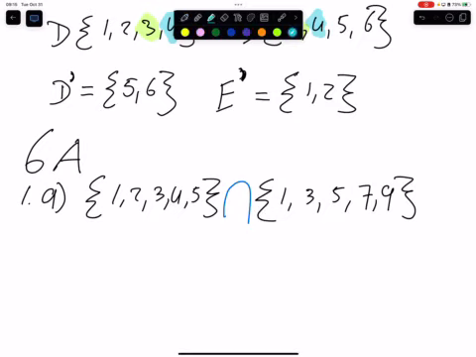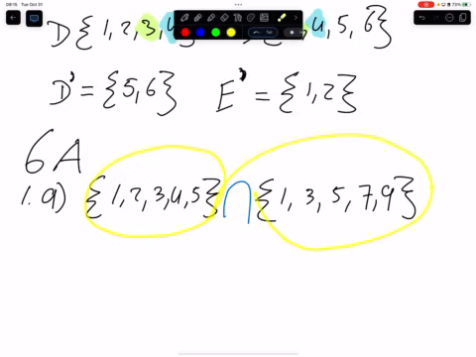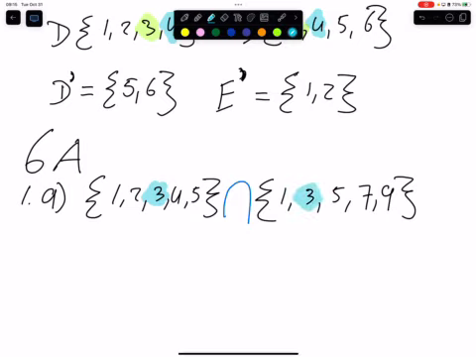So, it means I need to look for numbers that are present in the first set as well as in the other set. That's what I'm looking for. 3 is present in the left set, and 3 is also present in the right set. 5 is present in the left set, and 5 is present in the right set.